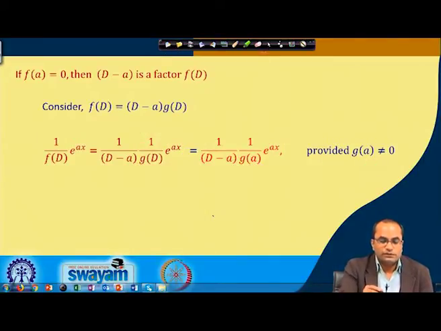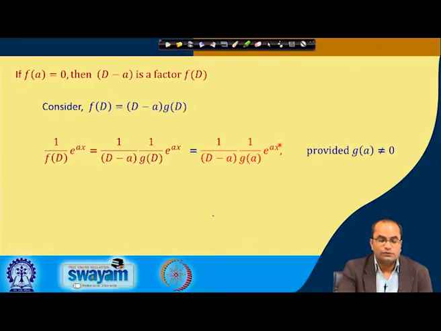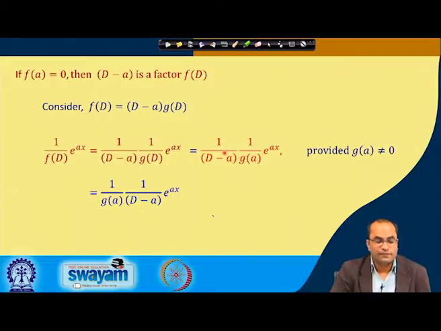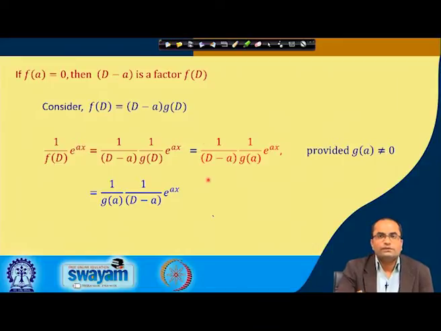So, what now? We have this 1/(D minus a) to be operated now on 1/g(a) e^(ax). That means this 1/g(a) we can take out, because this operator will not do anything on the constant. It is like the integral operator which we have already seen before. So, 1/(D minus a) operated on e^(ax).